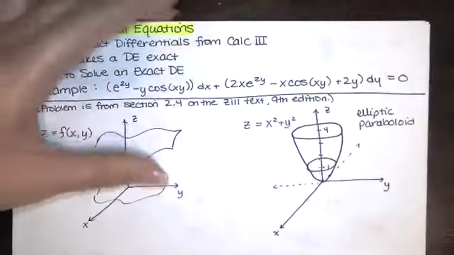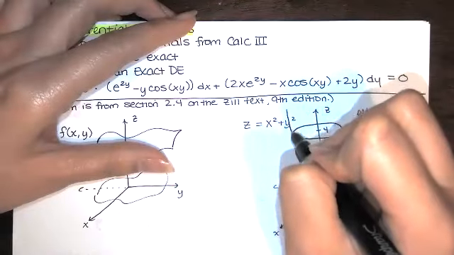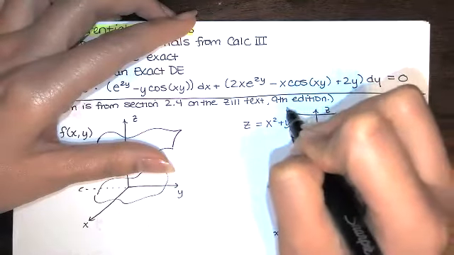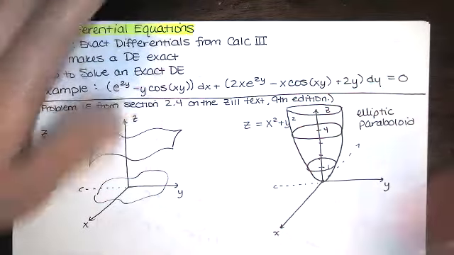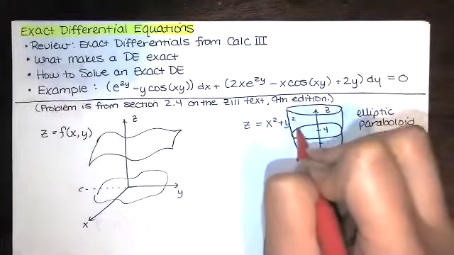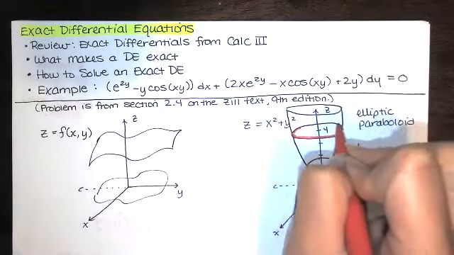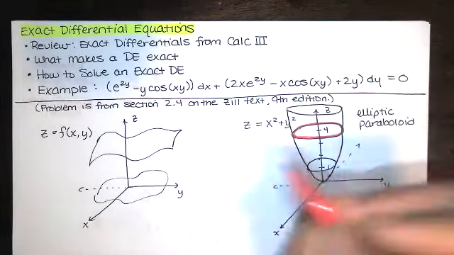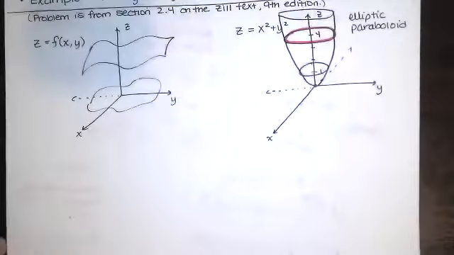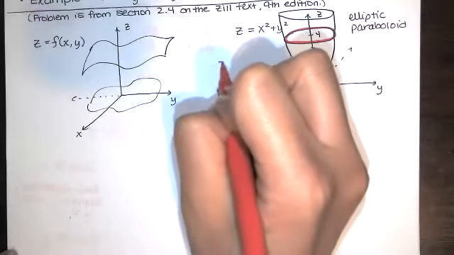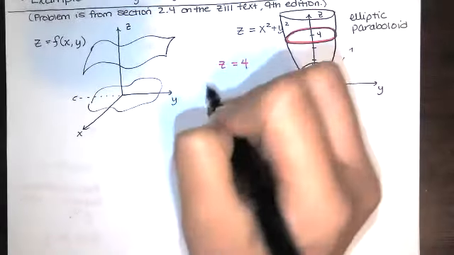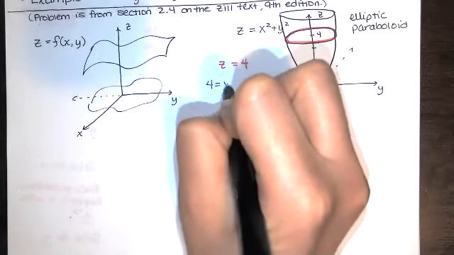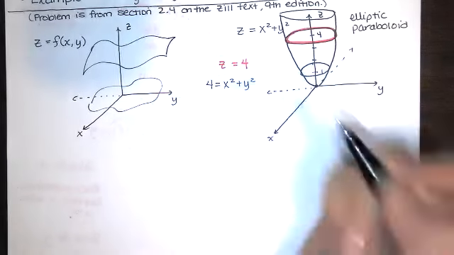Now, if I take my elliptic paraboloid and I focus on what's called a level curve of this surface. So I'm going to focus on this one. So that's where z is equal to 4. So I'm at a constant height of 4 above the xy plane. Then my equation looks like this, and I've got x squared plus y squared equals 4.